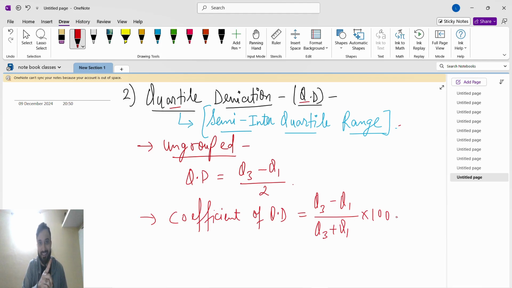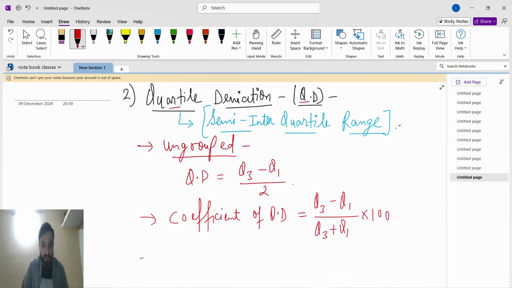It is similar to range: the range was H minus L, and the coefficient is H minus L divided by H plus L into 100. Same way, quartile deviation is Q3 minus Q1 by 2, so the coefficient is Q3 minus Q1 divided by Q3 plus Q1 into 100. Very easy.